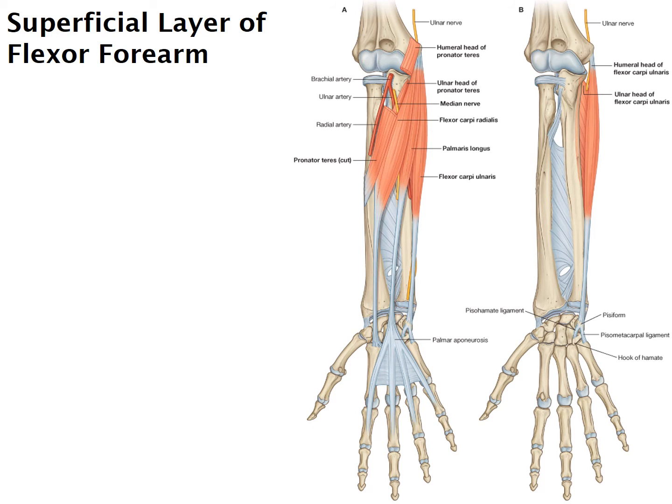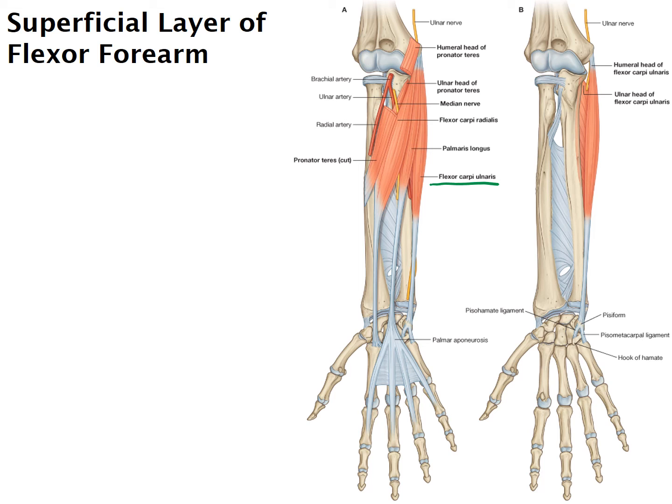All three of the muscles just discussed, the pronator teres, the flexor carpi radialis, and the palmaris longus, are all innervated by the median nerve. The fourth muscle of the superficial group of the flexor forearm is innervated by the ulnar nerve, and this muscle is called the flexor carpi ulnaris, as shown here.